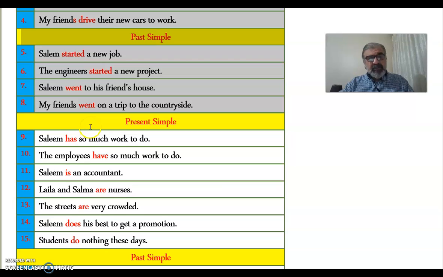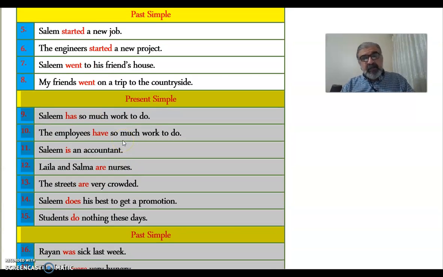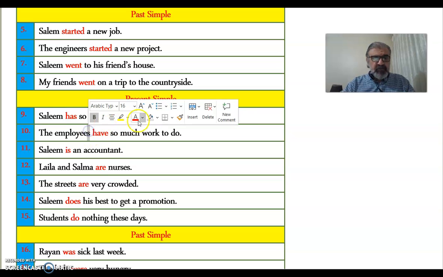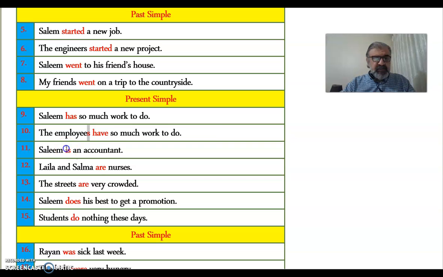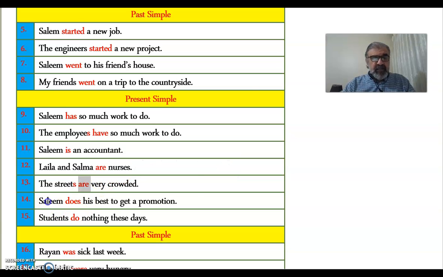But in the following sentences, we are going to use auxiliary verbs as main verbs. Salim has, singular. The employees have, because we have a plural subject. Salim is, singular. Layla and Selma, plural, are. The streets, plural, are. Salim does. Salim is singular.